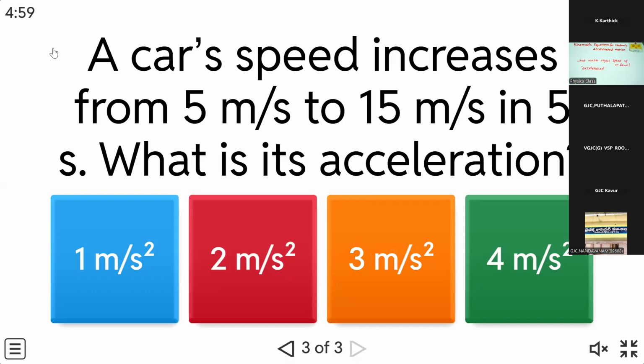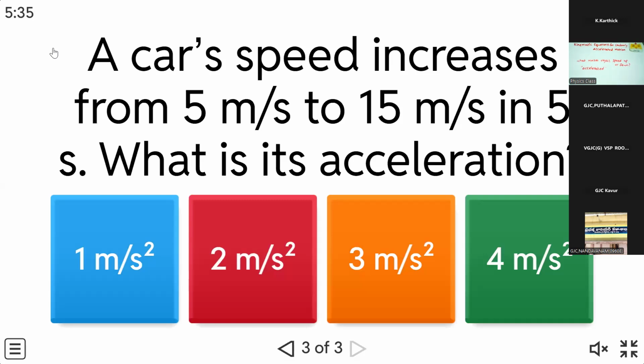Acceleration is the change in velocity by time. Change in velocity means final velocity minus initial velocity. Final velocity 15, initial velocity 5. So 15 minus 5 is 10. So 10 by time. Here time is 5 seconds. So 10 by 5 gives 2.